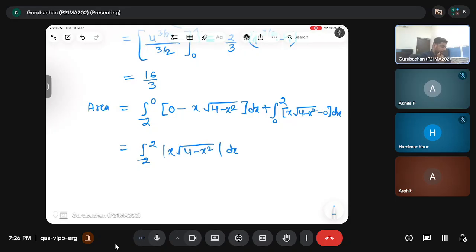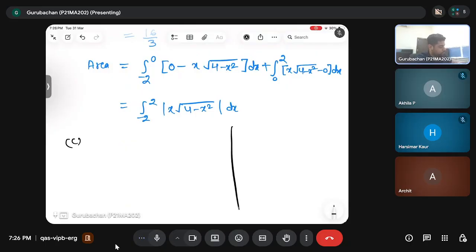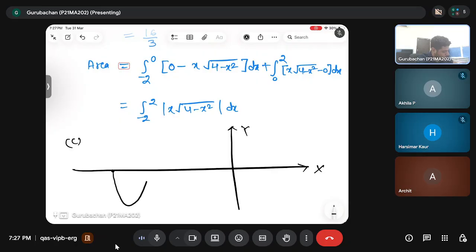Okay. So let me give you one more question from this, calculating the shaded area. This is your area that you have to calculate. This is the point minus pi by 2. This is minus pi. This is 0.